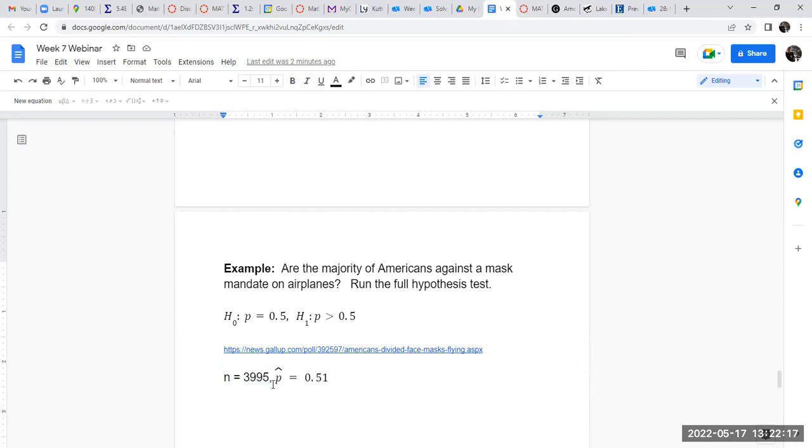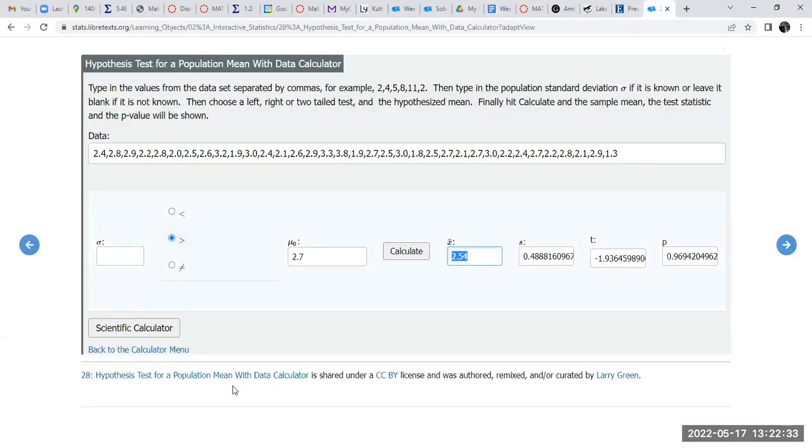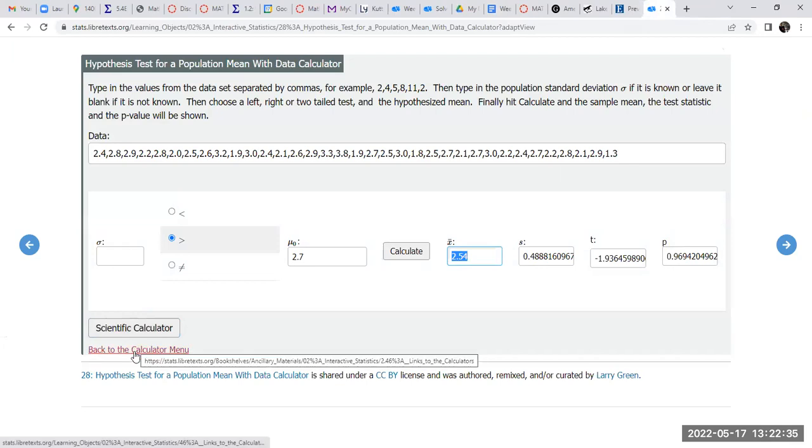One thing you're going to need to do is figure out the number of people that said yes. Yes means I'm against the mask mandate. How many there are. And let's get to that. So I'm going to go back to the calculator menu.